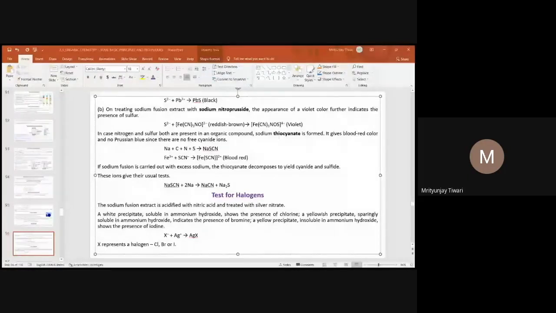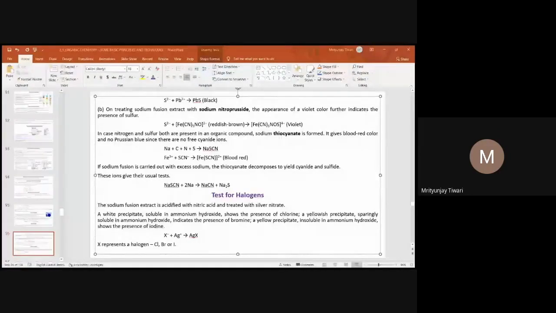So this kind of analysis, finding the mass percentage of each element in an organic compound, is called quantitative analysis. Qualitative analysis is just to know what elements are present in the organic compound. Once you know the elements, the next task is the mass percentage of each element.